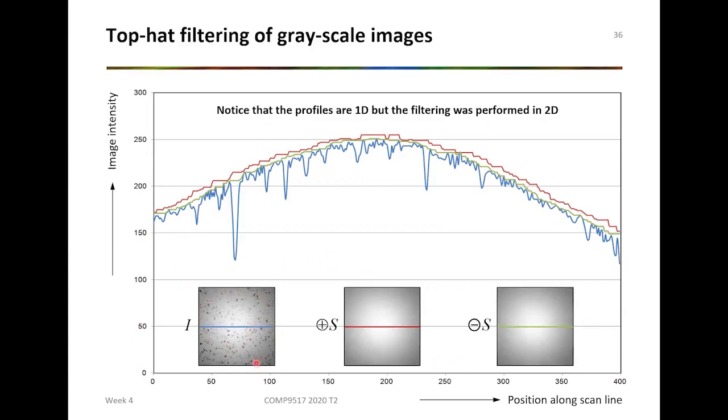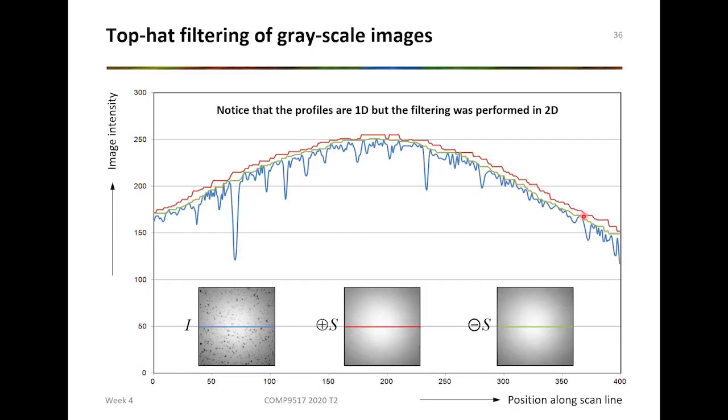If this is the input image, if we look at a scan line, for example, this blue line here, the intensities would look like this. So it's noisy, obviously. And these dips here in the profile correspond to the spots. If I dilate this image, I take the local maximum everywhere, that will give me the red profile, which you can see as an overestimation of the background.